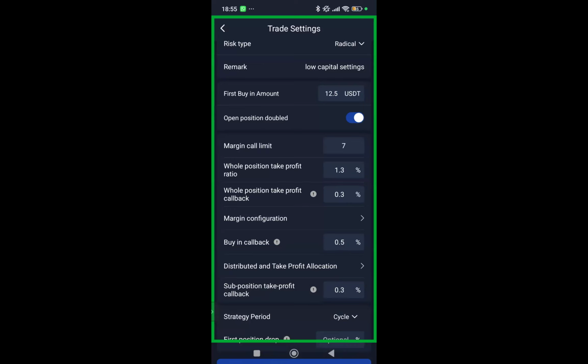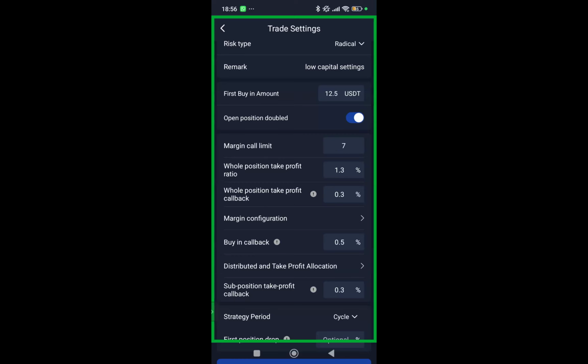That's why I said first buying amount is 1 time, open position doubled is the second time. So everybody needs to understand this because you're going to be setting this for your teammates, your downlines, because most people will only have $100 to trade.